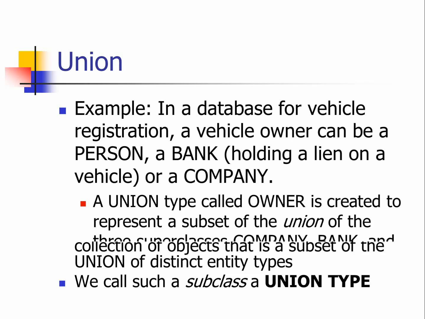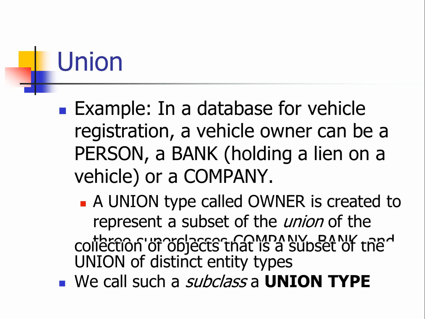In another case, a company can purchase company cars so that their employees will be able to use them. And therefore, you see that there are three superclasses for the owner. It can be a person, it can be a bank, it can be a company. And the owner is going to choose one of the superclasses to inherit its attributes.